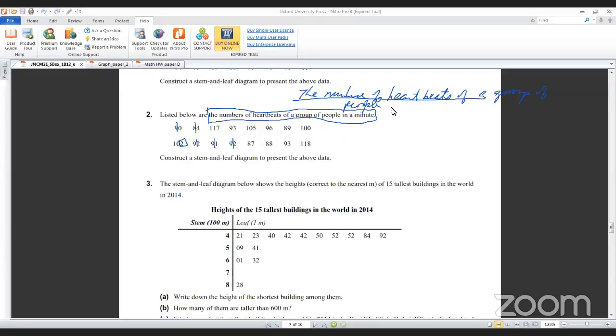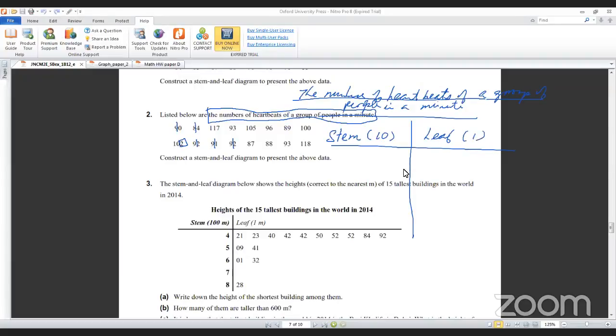If there's not enough space, then you write your title in 2 lines. Then you can start your diagram. Number of heartbeats. Therefore, in this case, there are no special units. And then you can just write that stem represents 10, and leaf represents 1.